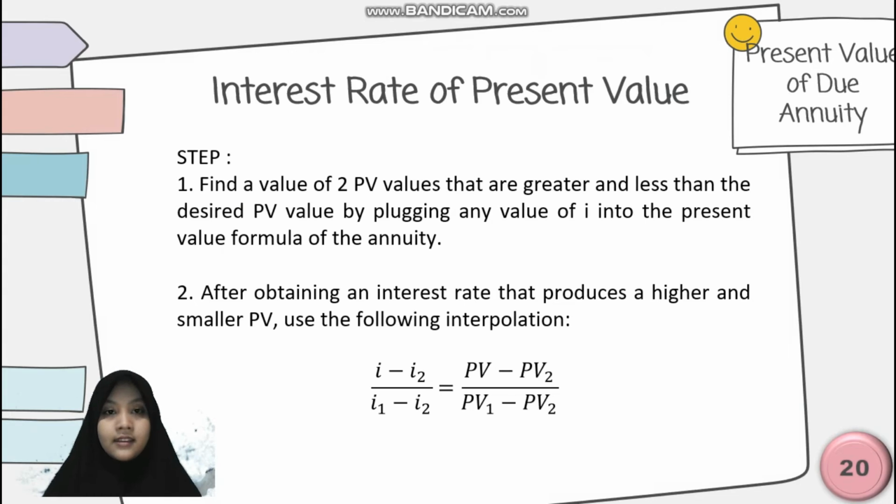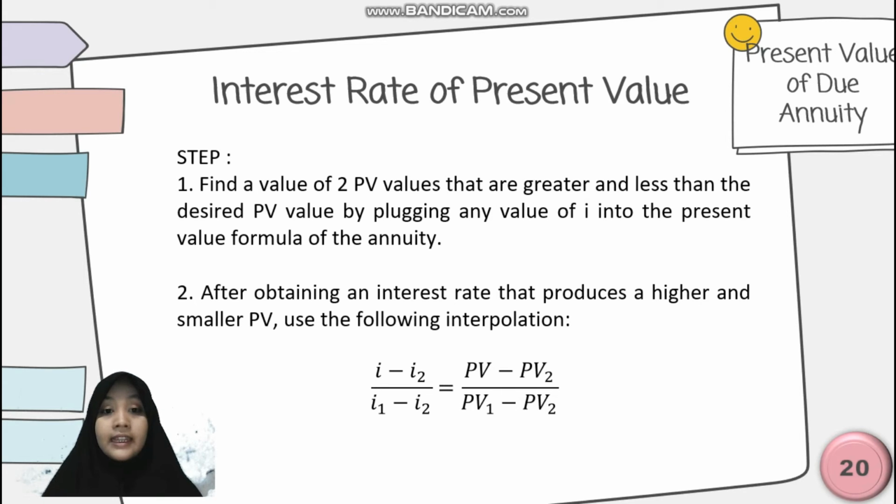And then to find the interest rate of present value of due annuity, there are two steps. First, find two present values that are greater and less than the desired PV value by plugging any value of I into the present value formula of the annuity.